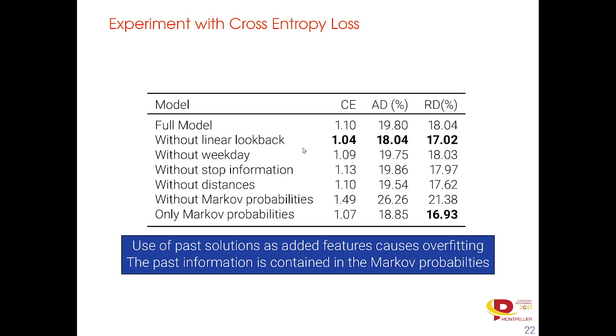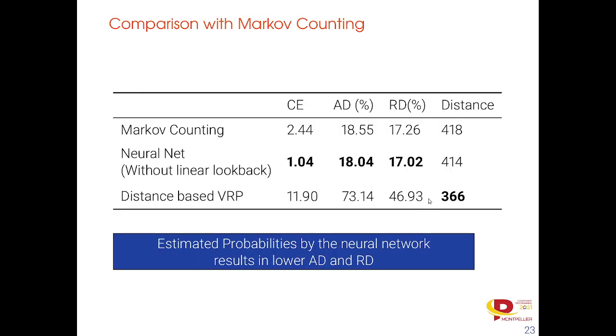When we remove the linear combination of the past solution, we attain the lowest cross entropy loss as well as the lowest AD and RD. So basically it means that we should remove the linear combination of the past solution, because all information about the past solution is already contained in the Markov probability, so we don't need those features. That's how we attain the lowest AD and RD.